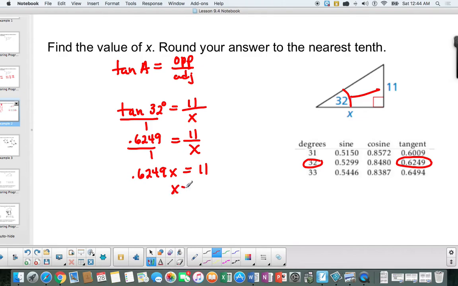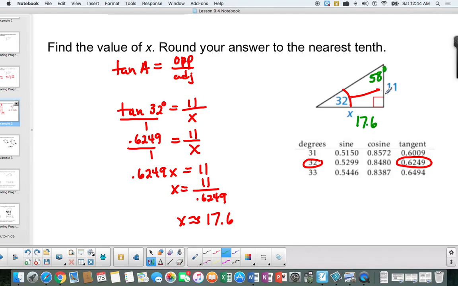I'm going to divide both sides by that decimal, and then I'm going to use my calculator and round to the 10th place. So I'm going to put an approximate sign because I'm about to round. And the answer is 17.6. I'm going to see if this seems reasonable. Now remember, this angle is 58 degrees.